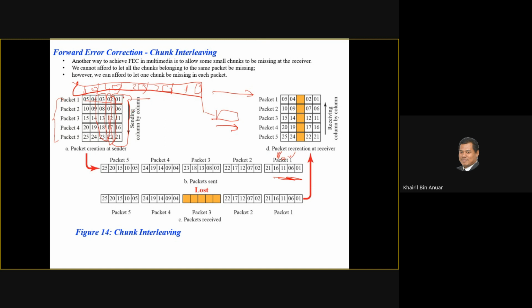That actually combines all of this horizontally, right? So packet number 2 will be taken from this horizontal, then packet number 3, 4, and packet number 5.